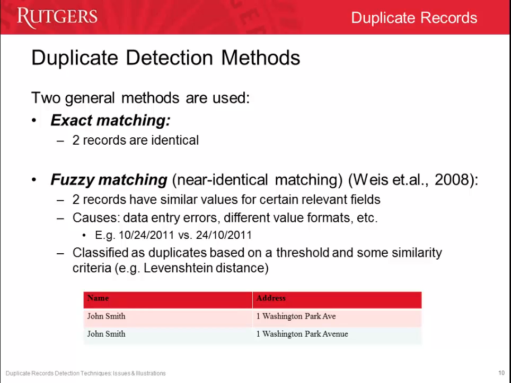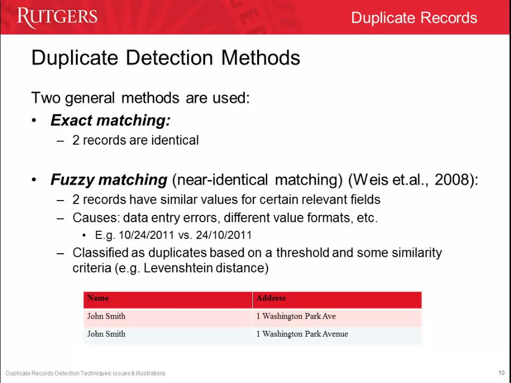One of the most popular similarity criteria is the Levenshtein distance, which measures the minimum number of edit operations, that is insertion, deletion, or replacement, needed to transform record A into record B. For instance, the distance to change record 1, 2, 3, 4, 5 into 1, 2, 3, 4, 8 is 1.